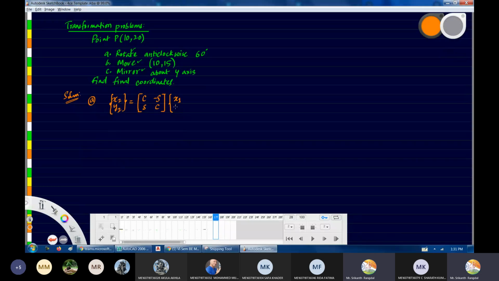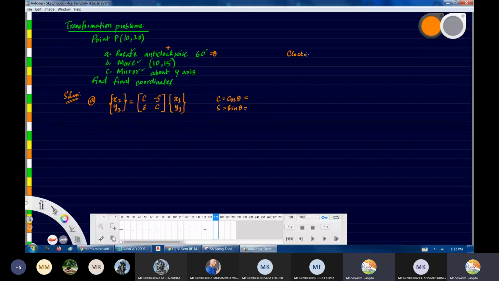Now here we have x1, y1. What is C here? C means cos of theta. S means sine of theta. Now what is the value of theta? Anti-clockwise is taken as positive and clockwise we take it as negative.